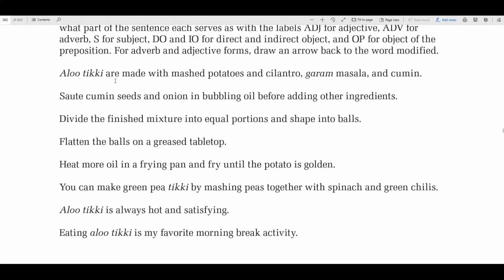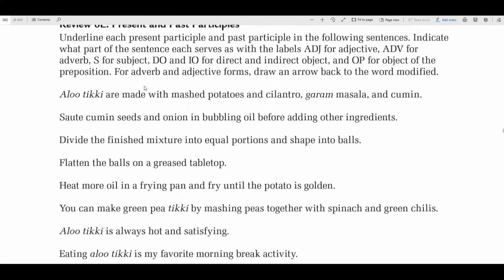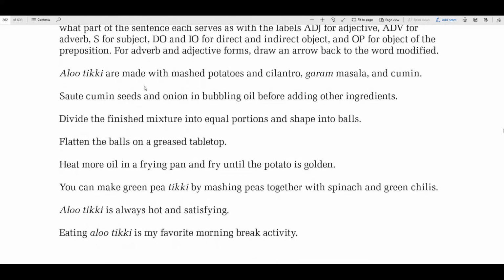Aloo tikki are made with mashed potatoes and cilantro, garam masala, and cumin. All right, in this sentence, our verb is are made, but we're not looking for verbs. We're looking for participles. Okay, a participle is going to be like a verb acting as something else. So that would be mashed.